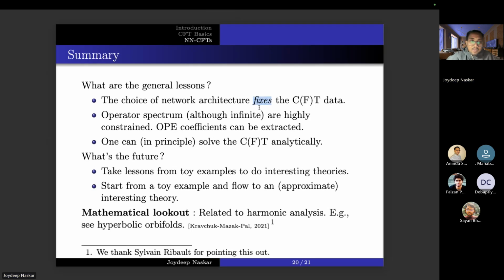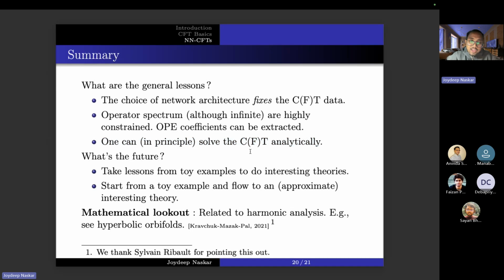The operator spectrum, although infinite, is highly constrained, and the OPE coefficients can be extracted. And one can in principle solve this kind of theories analytically.